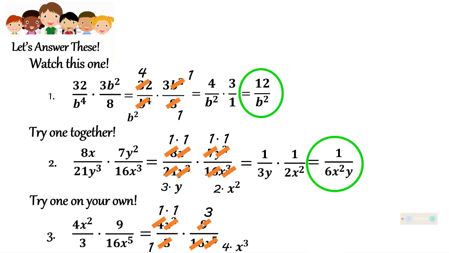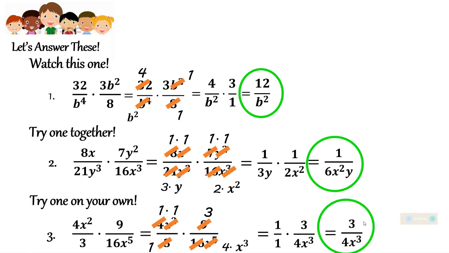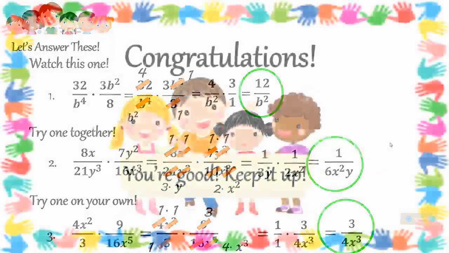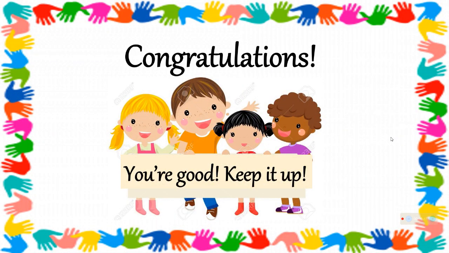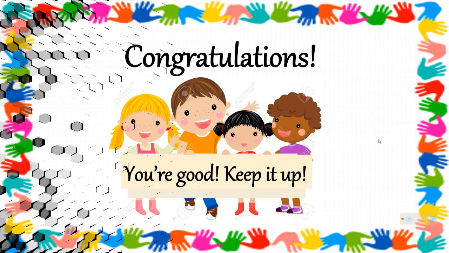So 3 will become 1, and 9 will become 3. Therefore, you will obtain your answer by multiplying. Your answer here will be 3 all over 4x cubed. Okay? Is there any question? For that, congratulations, you're good. Keep it up.